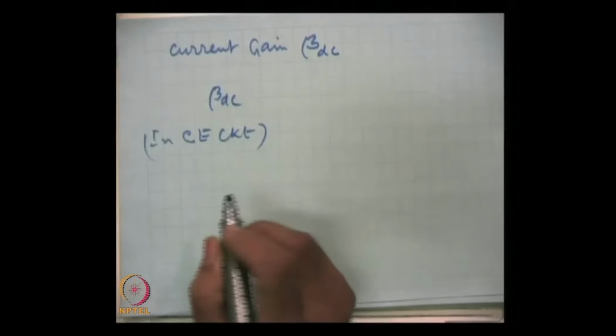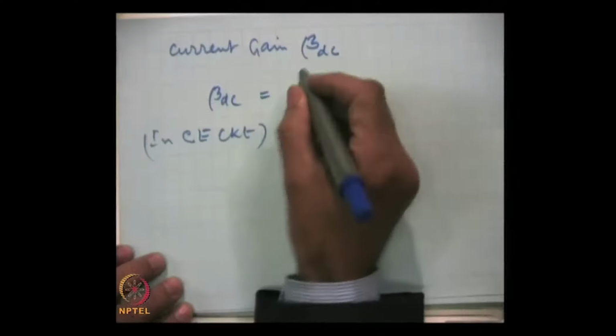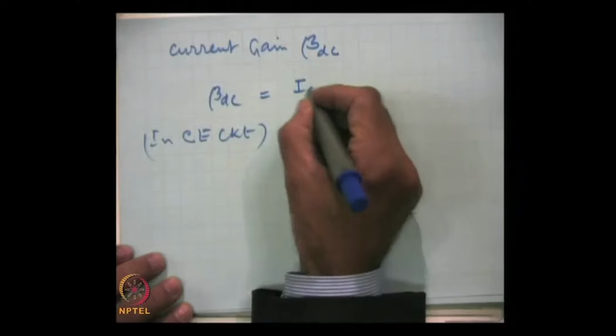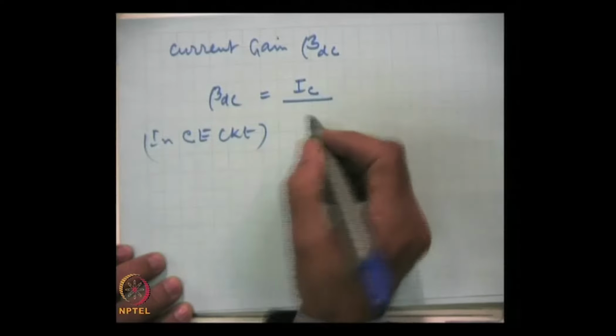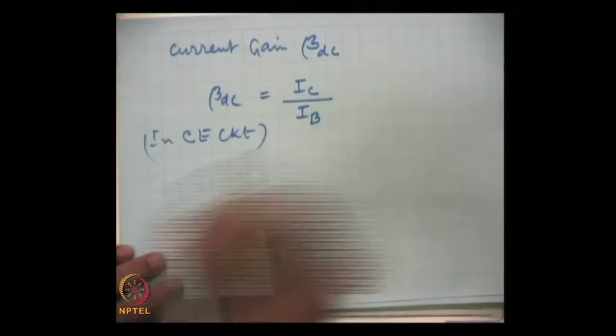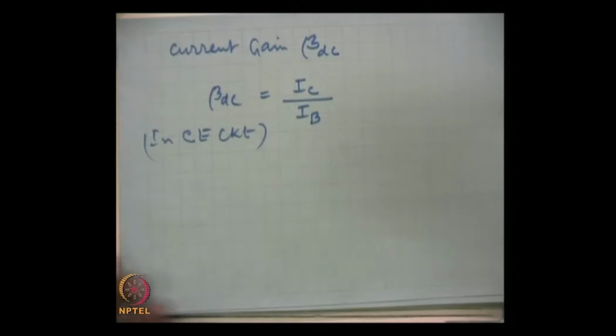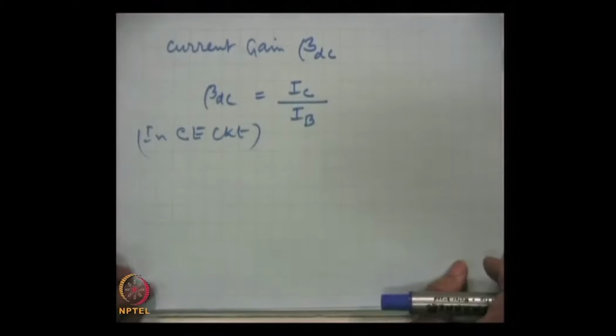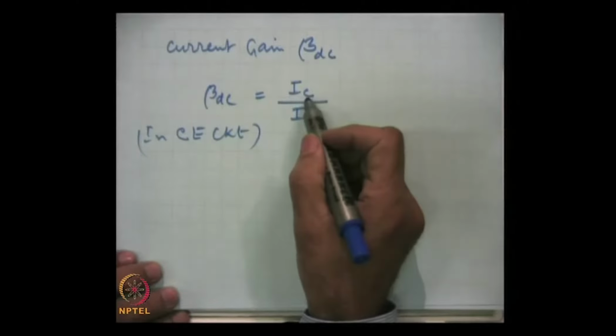Always remember, alpha is the current gain in the common base circuit and beta is the current gain for the common emitter circuit, and the output current here again is the collector current and the input current is now IB, the base current. Base current is very small in comparison to the collector current.